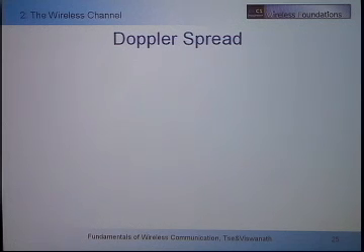Okay, so what do we have? When we talk about whether the channel is flat or frequency selective, that depends on the delay spread. And the delay spread is very naturally connected to the physical environment. That tells you the range of delays of the path. We want to do the same thing here. So now we want to connect the Doppler spread to physical parameters.